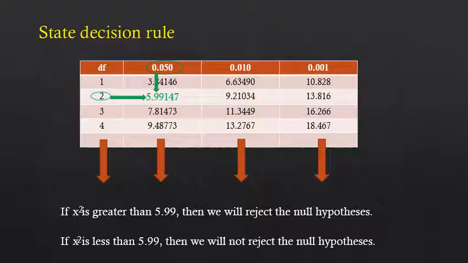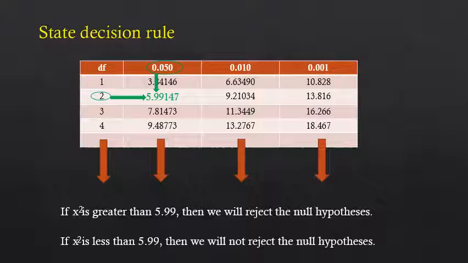If x squared is greater than 5.99, as seen in the green number on the table circled at the row for df equals 2, since our result earlier was 2 for the degrees of freedom, and since our alpha is 0.05, the intersection is 5.99147.